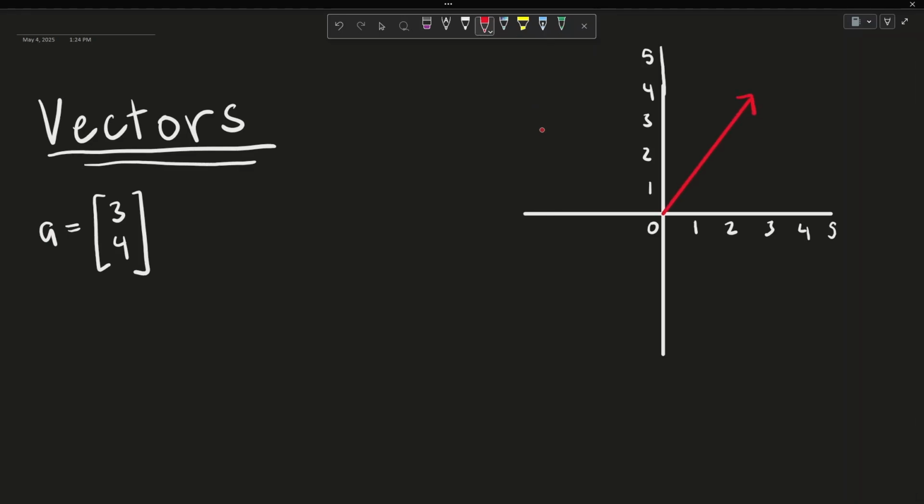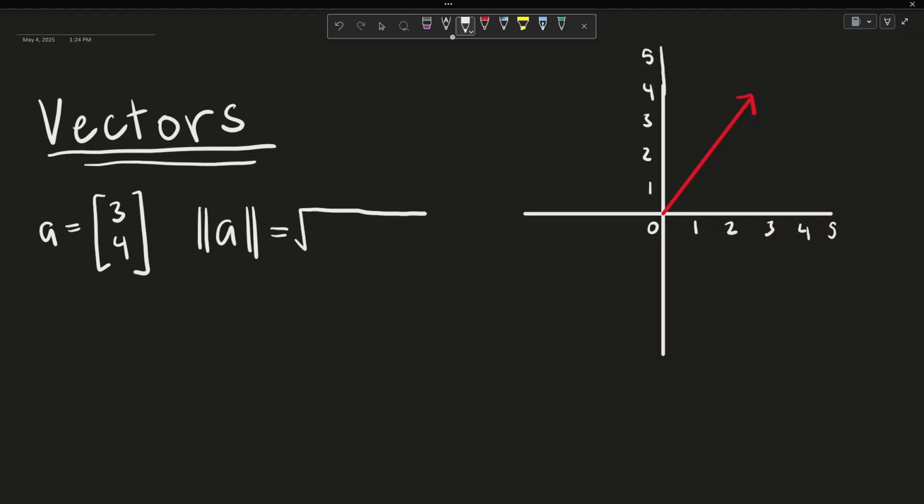Now you might observe that thanks to the Pythagorean theorem, we could find the length of this line by finding the x-coordinate squared and the y-coordinate squared. So the magnitude of A, which is often denoted with two lines, so this is how we say magnitude of A, is equal to the square root of the x-coordinate squared plus the y-coordinate squared.